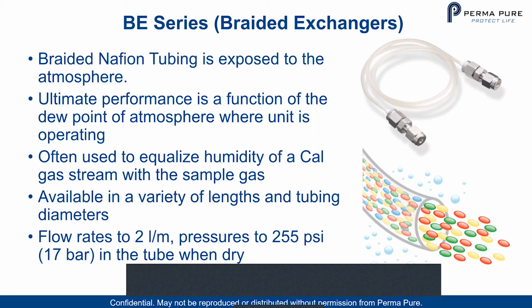So we developed a method at PermaPure using a weaved polypropylene braiding. What we do is we weave the braiding along the entire length of the tube. That braiding gives us some mechanical strength. It also allows us to distribute the forces when we are coiling the tube so it doesn't kink. And I guess the most important thing about the braiding is it allows us to connectorize the material.